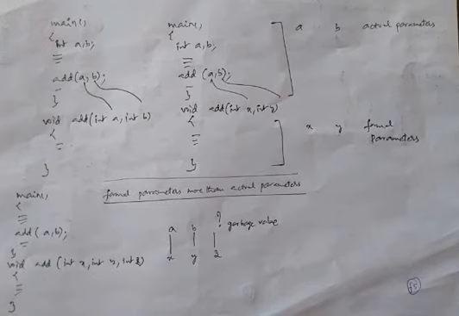So what happens if formal parameters are more than actual parameters? Look at this clearly. Look at the notation. add(a, b) is your function call. In the function definition we have add(int x, int y, int z). The formal parameters we have are 3, x, y, z, and actual parameters we have a, b.